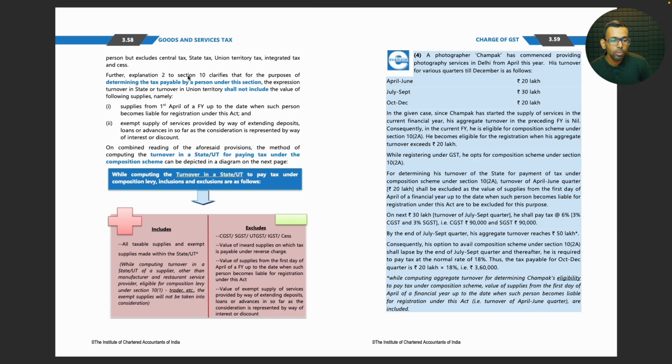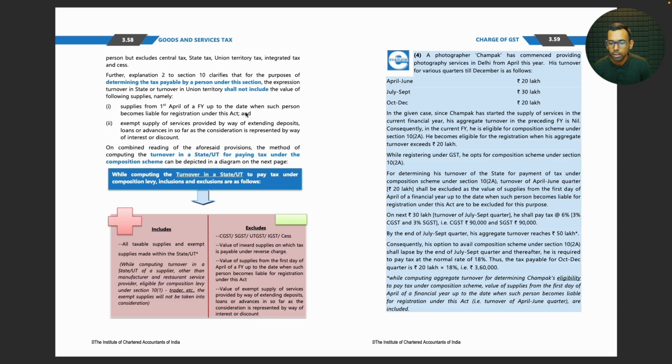Further, Explanation 2 to section 10 clarifies that for the purposes of determining the tax payable by a person under this section, the expression turnover in state or turnover in union territory shall not include the value of supplies from 1st April of a financial year up to the date when such person becomes liable for registration under this Act.